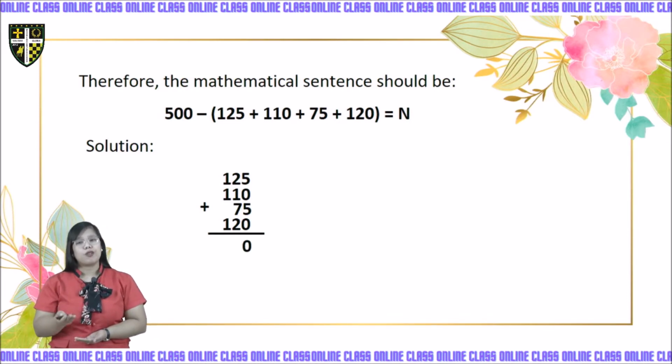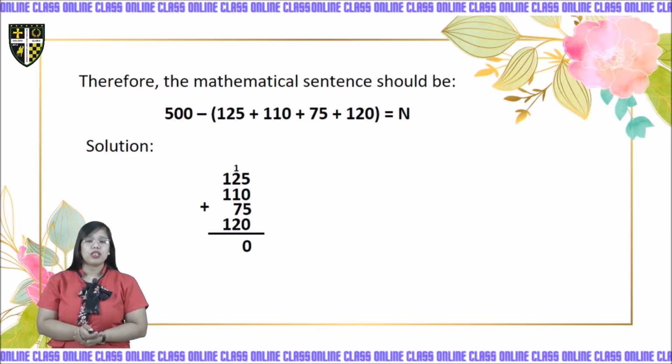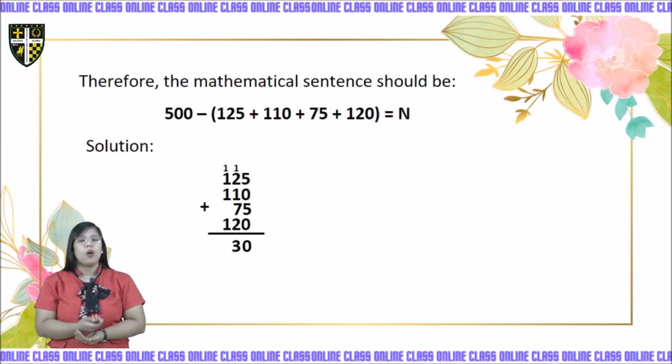We will bring down 0 and carry 1. Very good. So, 2 plus 1 is 3, plus 7 is 10, plus 2 is 12. And then we will add the 1 and we have 13. Bring down 3 and carry again 1. 1 plus 1 is 2, plus 1 is 3, plus 1 is 4. So we have the total of 430.